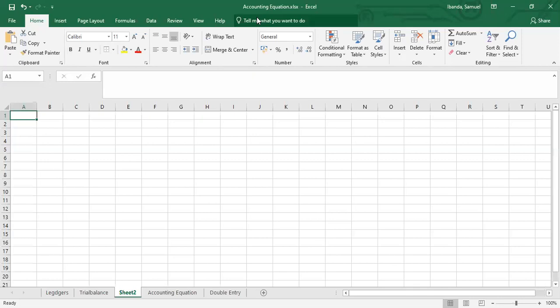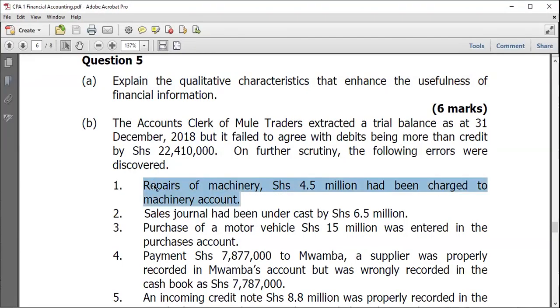Okay. So once we've gotten that, you come back here. Now, the first error is repairs of machinery, shillings 4.5 had been charged to the machinery account. Now, we should be knowing the double entry, even before you look at where it has been charged.